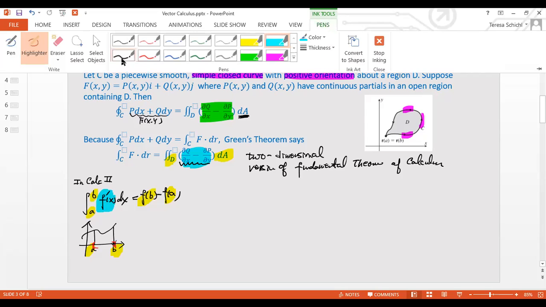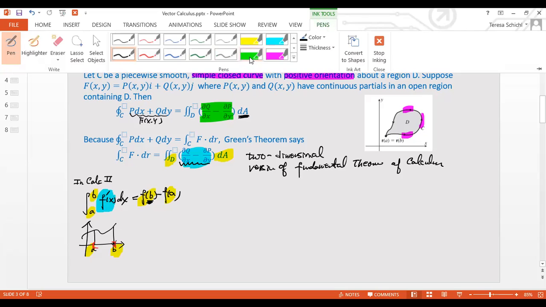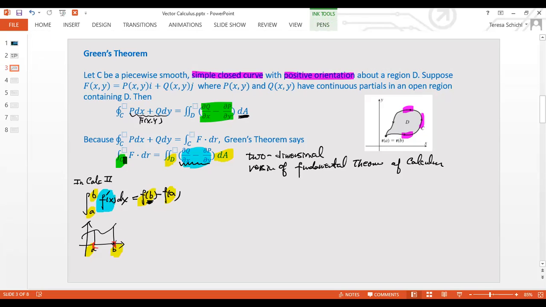And also, let's say you integrate over the boundary of this interval, b and a. Right now, I'm integrating along this boundary also, this curve also.